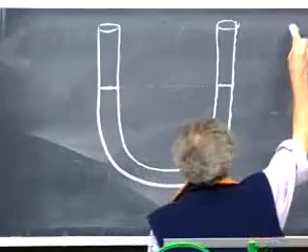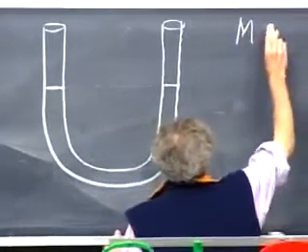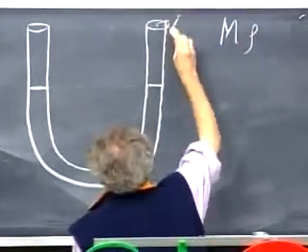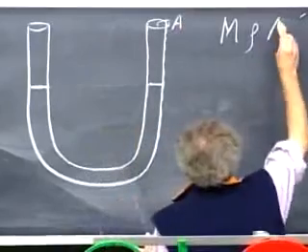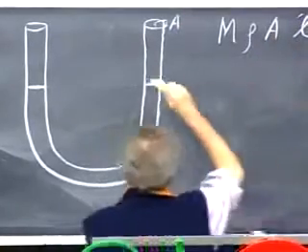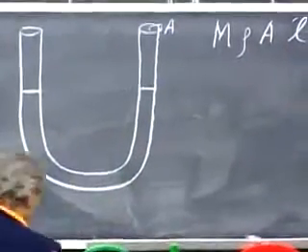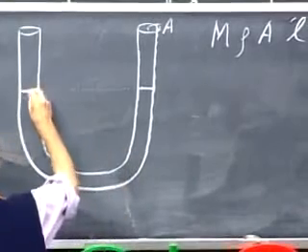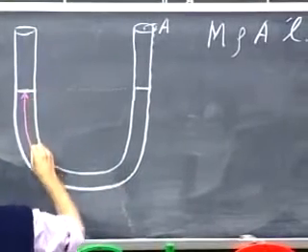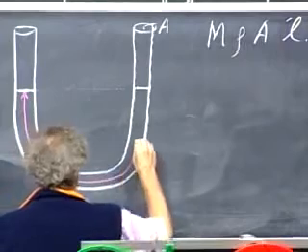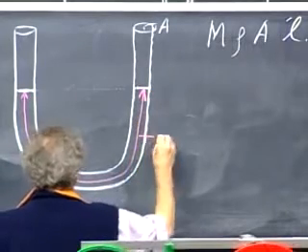And the liquid has mass m, density rho, the area of the tube is A, and the length of the liquid is L.